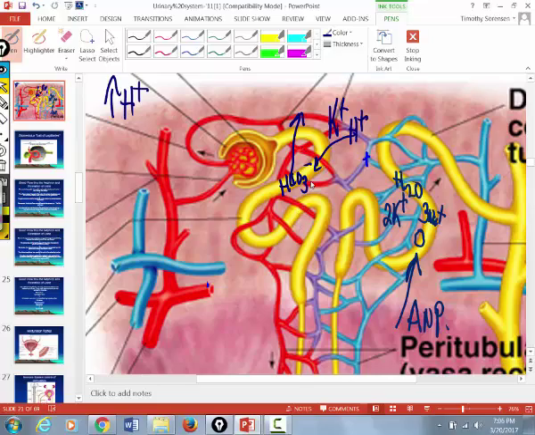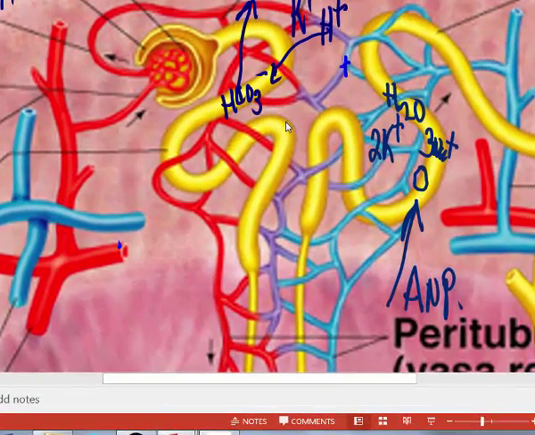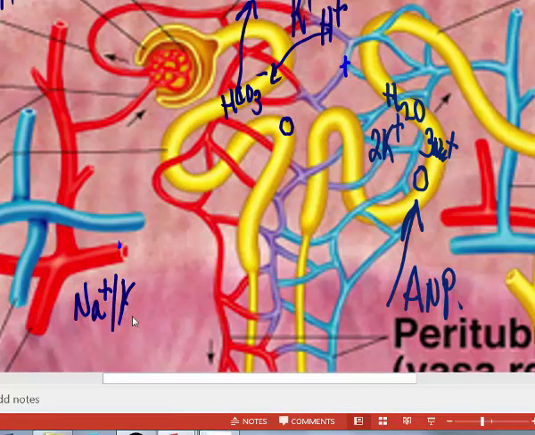Now, when your pH begins to drop, in the proximal convoluted tubules, write this down, there is a sodium-potassium exchanger. You got me?